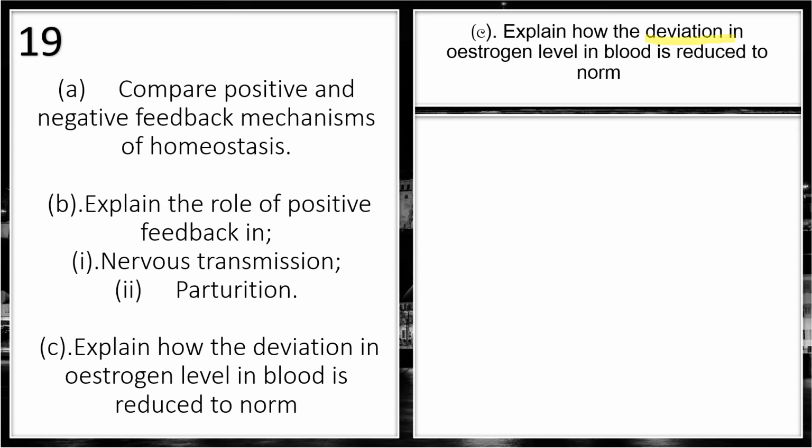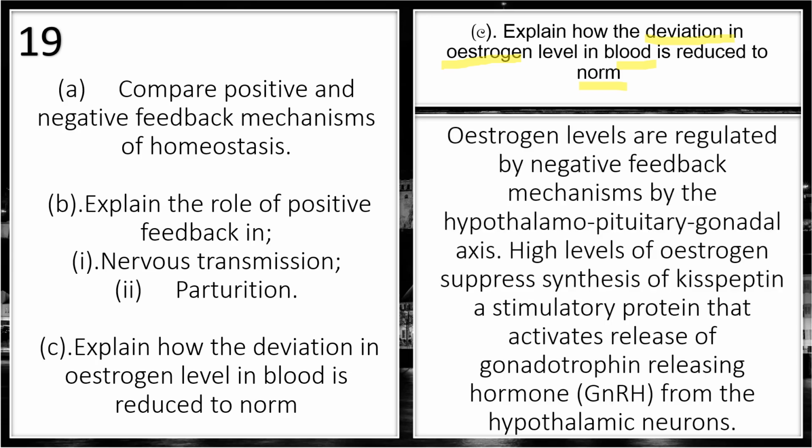Explain how the deviation in estrogen level in the blood is reduced to normal. Estrogen levels are regulated by negative feedback mechanism by the hypothalamus-pituitary-gonadal axis.